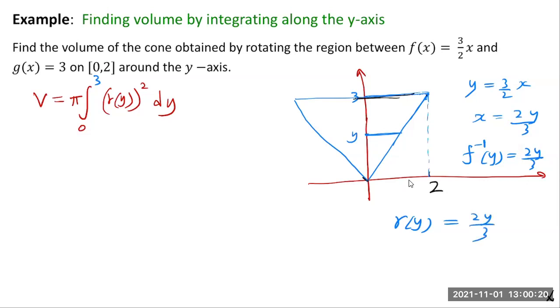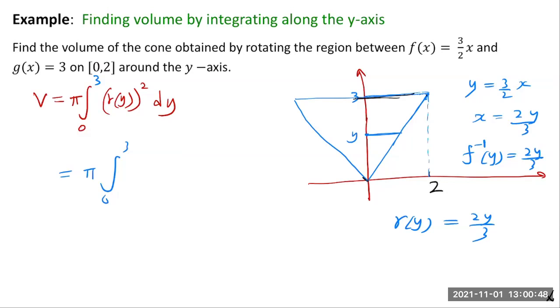Now I can go with this volume formula. So the volume is going to be equal to pi times the integral from 0 to 3 of r of y squared, 2y over 3 squared, dy.